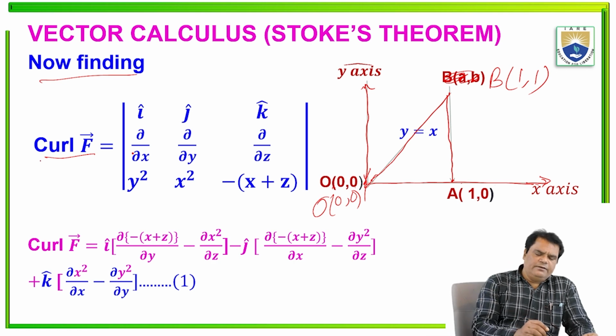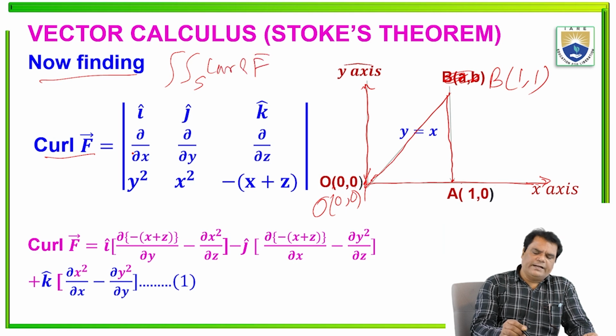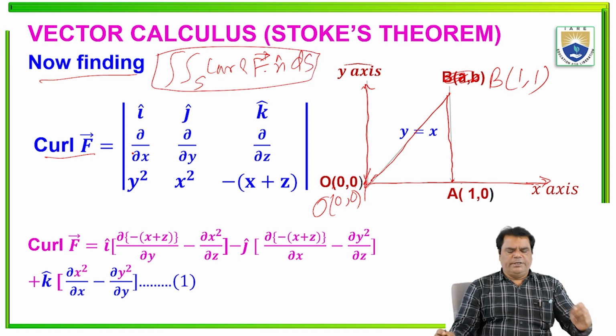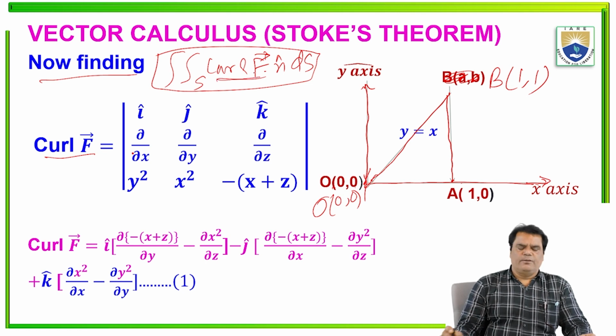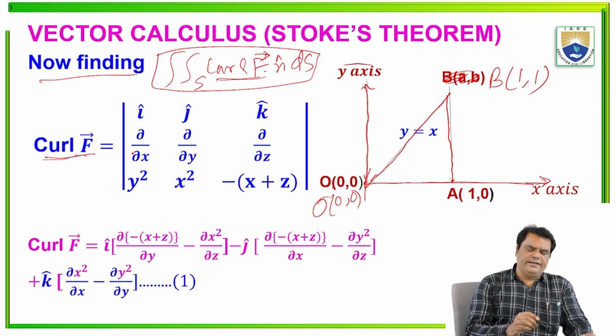So first of all, the double integral over S of curl F dot n ds. This is the formula. In this formula, first is curl F, so I am finding curl F here.